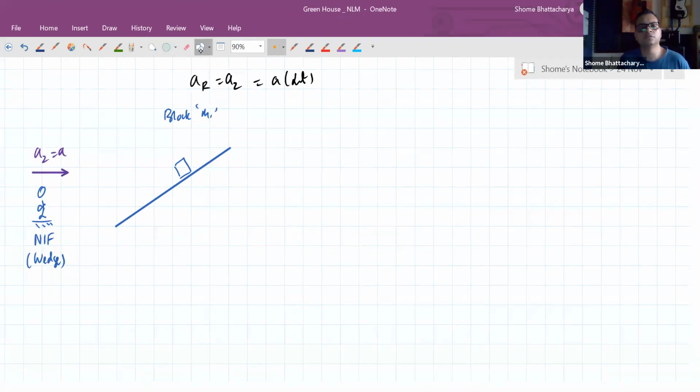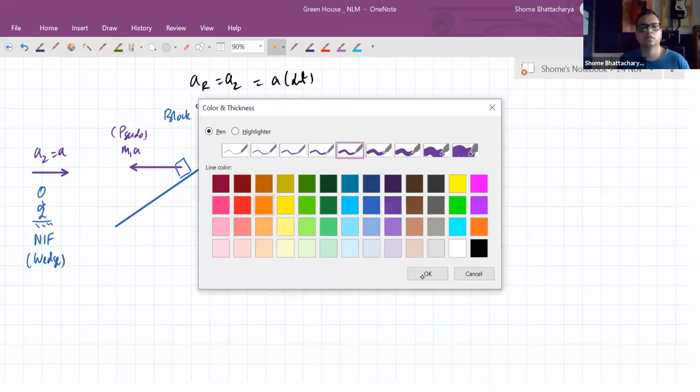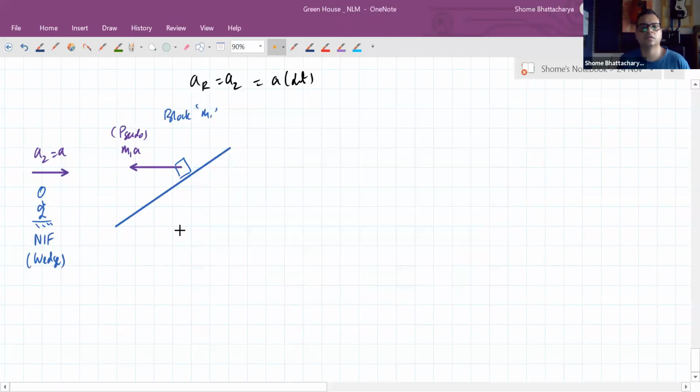So the first force we will show on this is the pseudo force. This will be a pseudo force. Okay. Then of course there is weight, okay. There is normal reaction, and there is tension. So these are the forces which are acting.